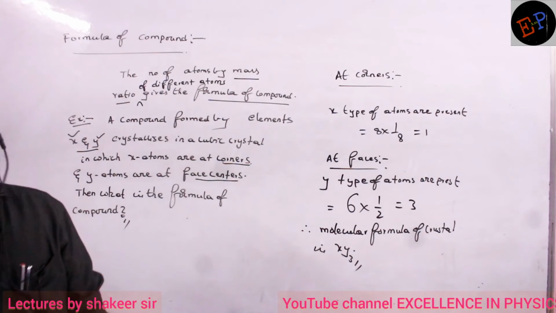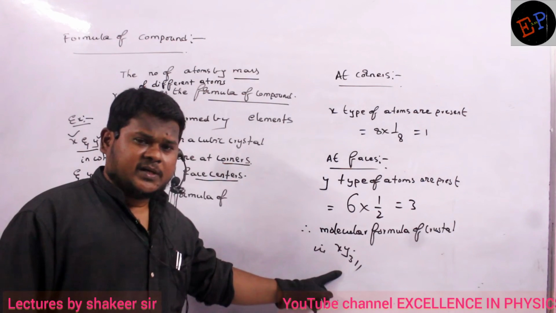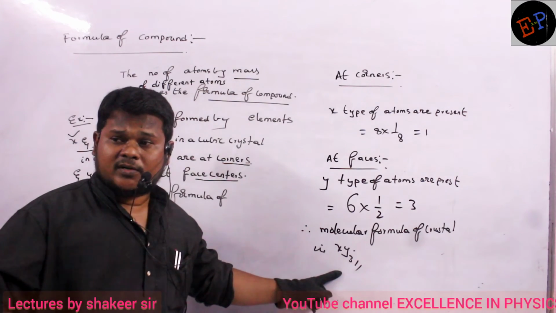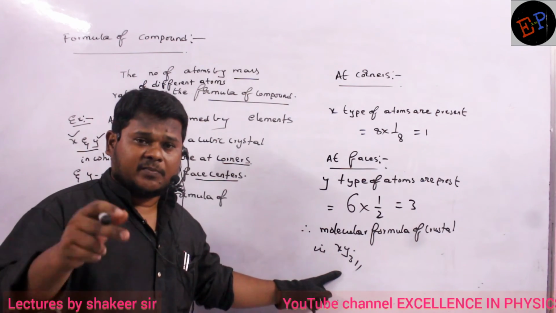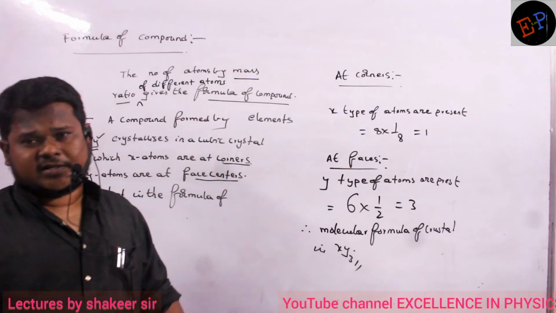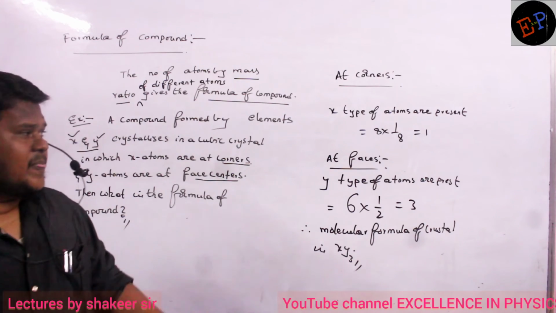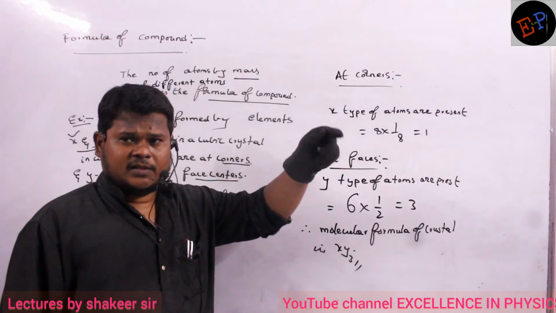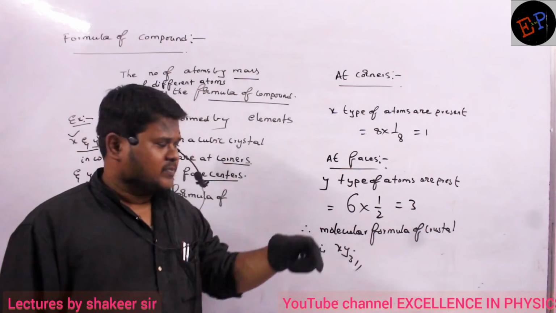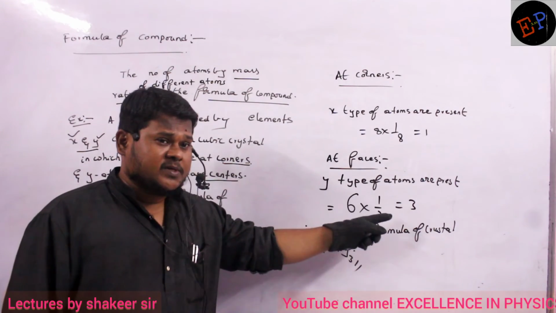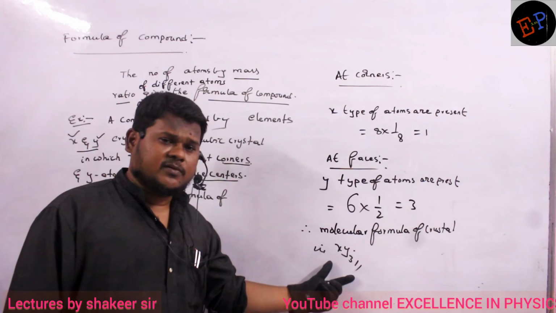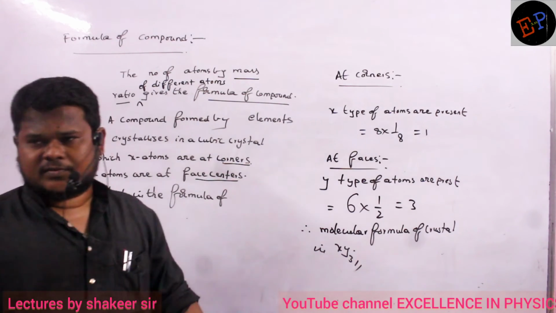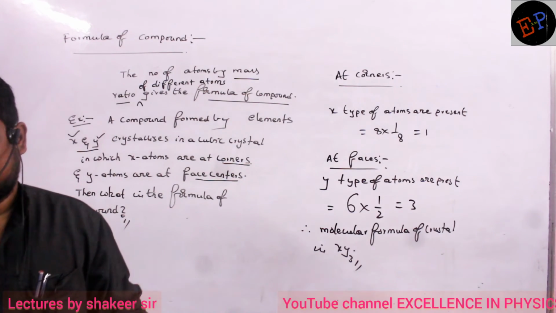Molecular formula can be derived by just the ratio of different types of atoms by mass present at different locations. How many X atoms are present? 1 in that unit cell. And how many Y atoms are present? 3. So the molecular formula is XY3. Understood, no?